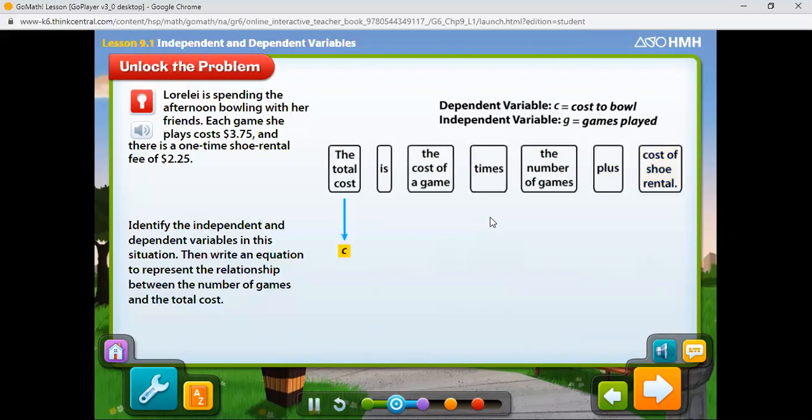The total cost is C, which equals the cost of a game, that is $3.75, times the number of games, which is G, plus the cost of shoe rental, which is $2.25. So what's the final equation?